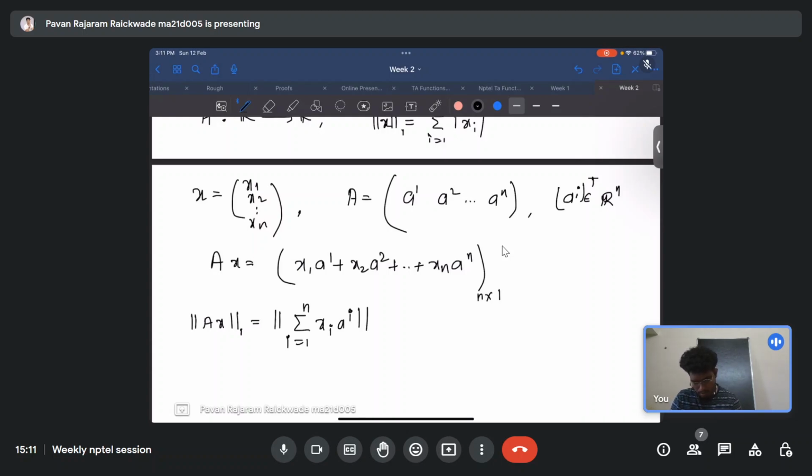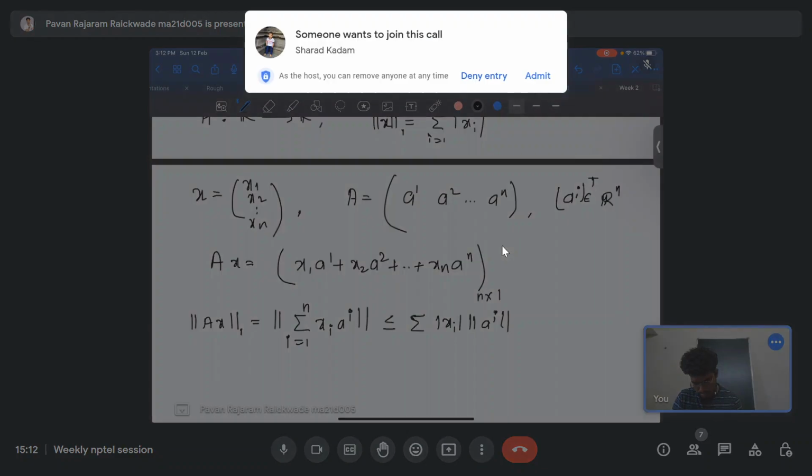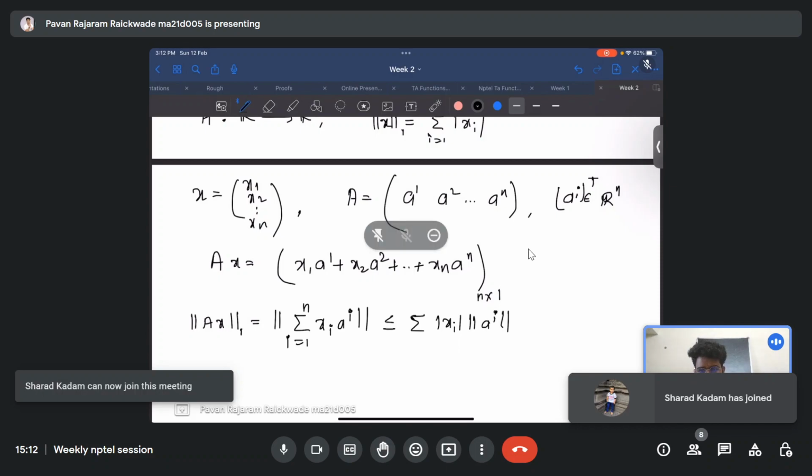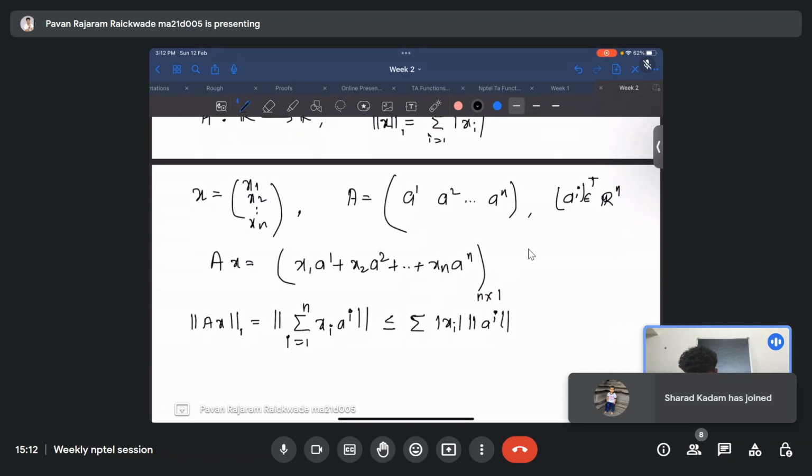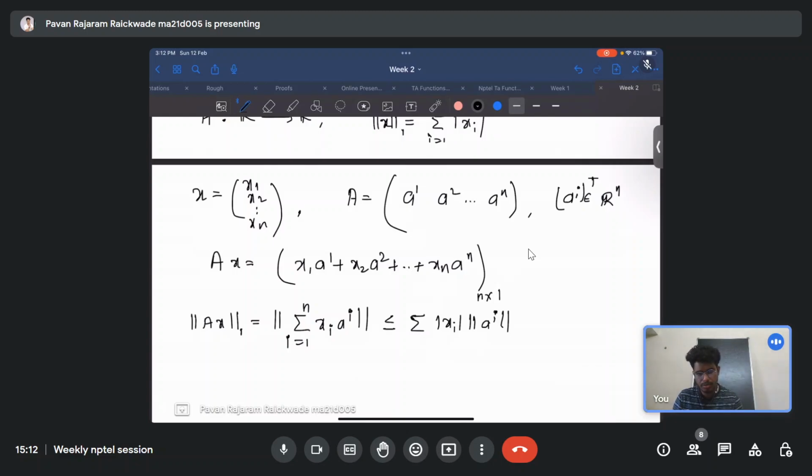But with the properties of norm, this is less than or equal to the summation of modulus of xi into the norm of ai.